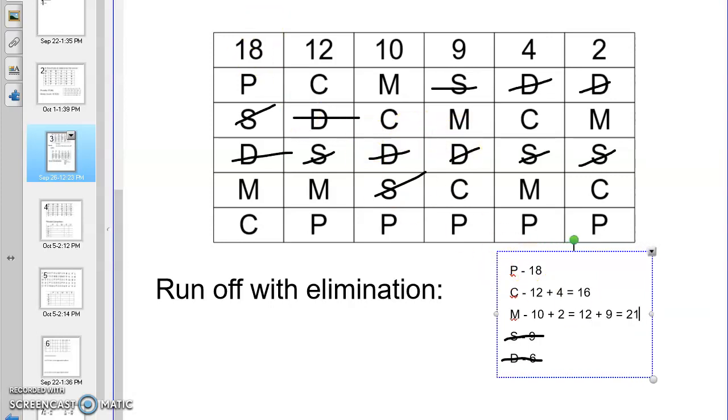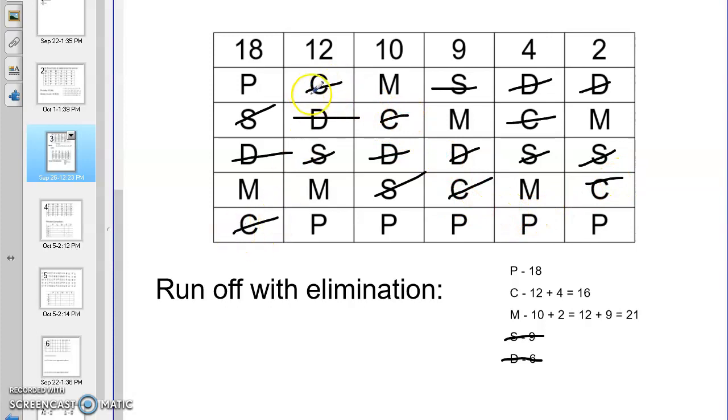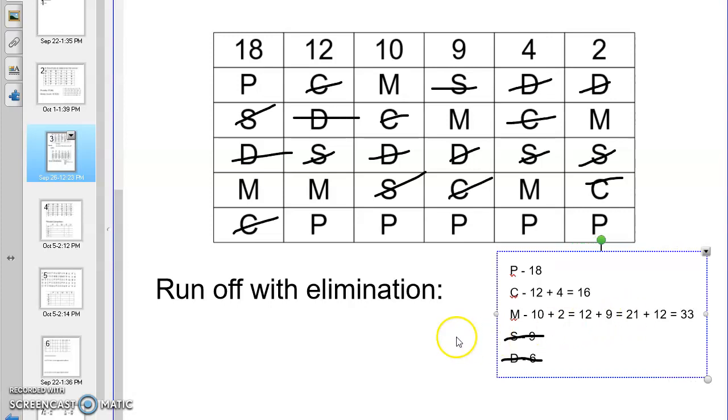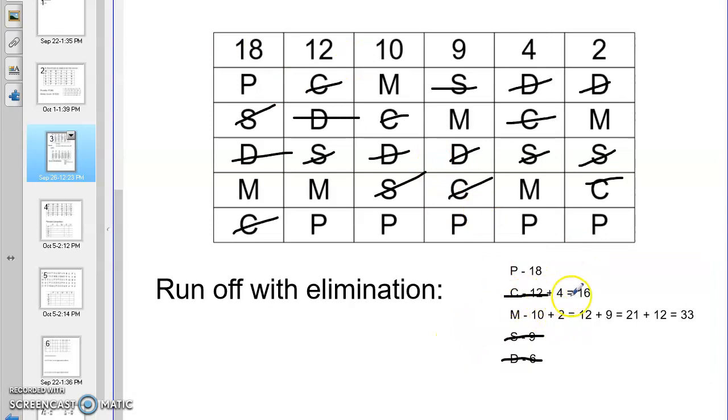And now C has the fewest first place votes. So we eliminate C in every column, and now M gets those 12 votes, and that's 33 votes.